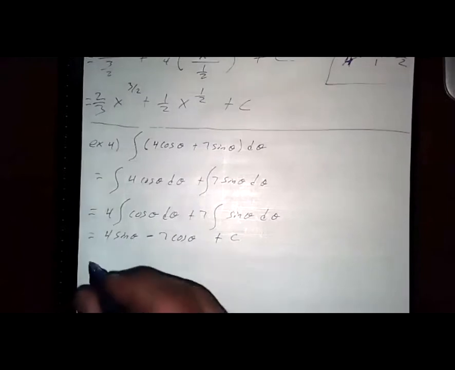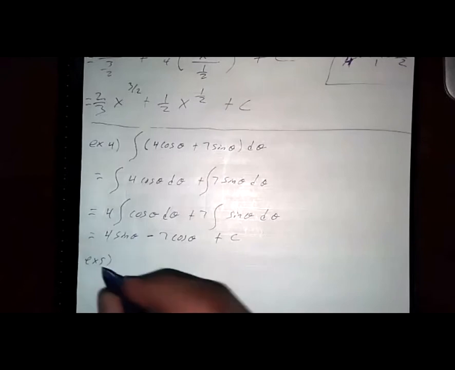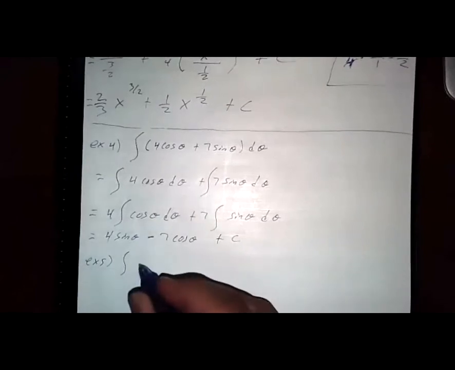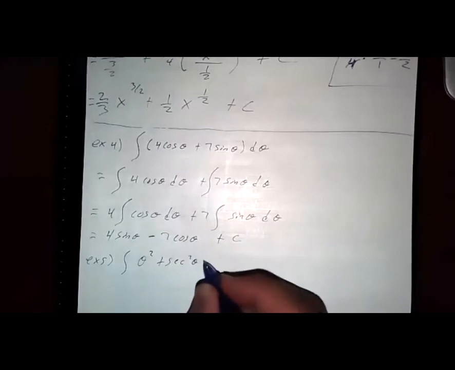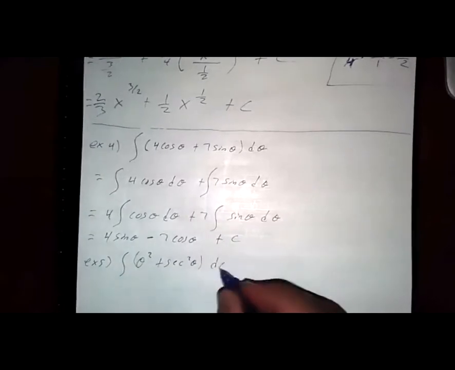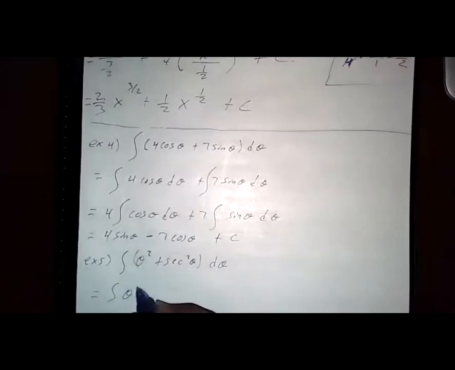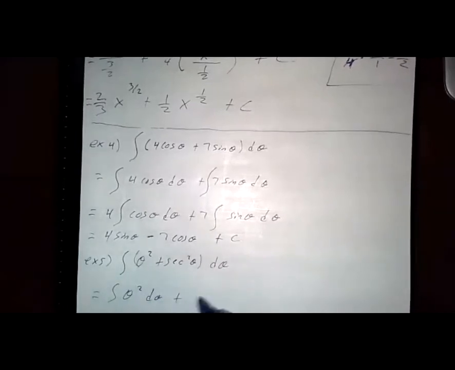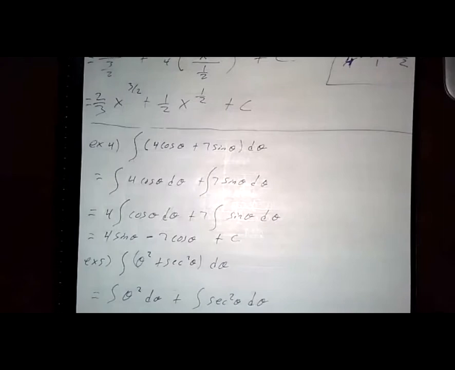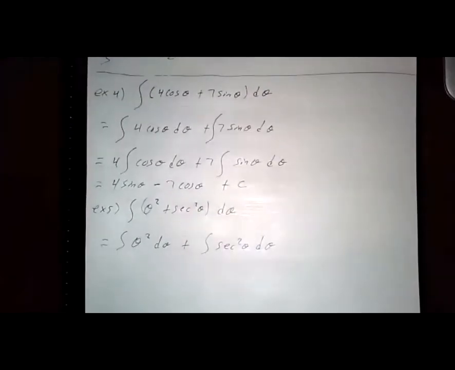Let's do one more. The integral of theta squared plus secant squared theta d theta, right? So separate this stuff. So what is the antiderivative here?